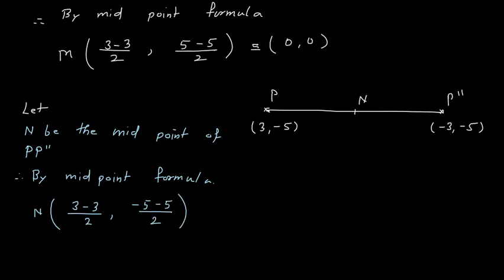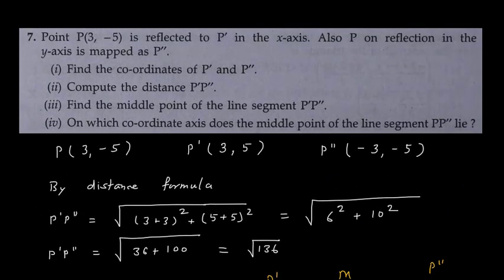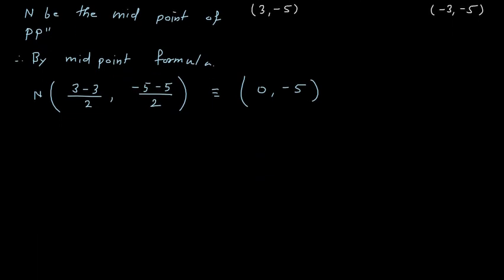So the question is on which coordinate axis does the middle point of the segment lie. Here the x coordinate is 0, which indicates it is the y-axis. Therefore, the midpoint of P P double dash will lie on the y-axis.